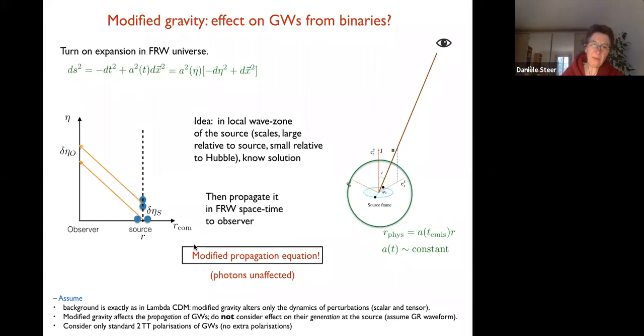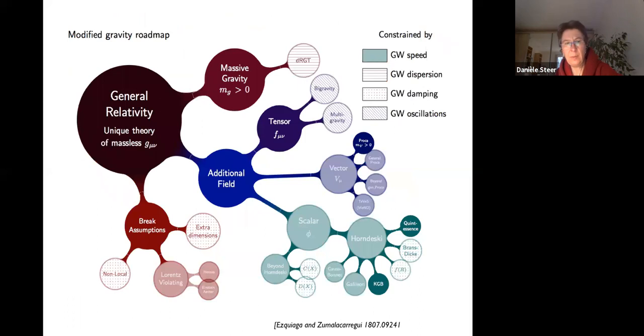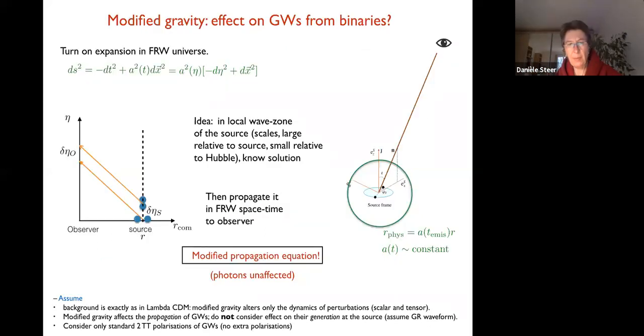Now, there are lots of ifs and buts in what I've said. Some of these theories have extra degrees of freedom, some have more complicated things, but certainly my assumption is that close to the source, general relativity is correct at small scales. Then you can just modify the propagation of your waveform from the source to the observer.